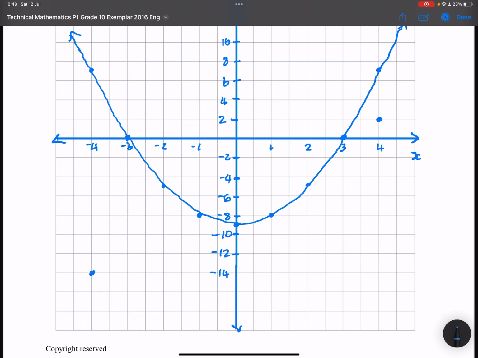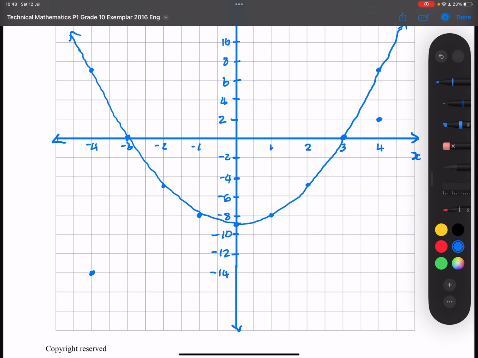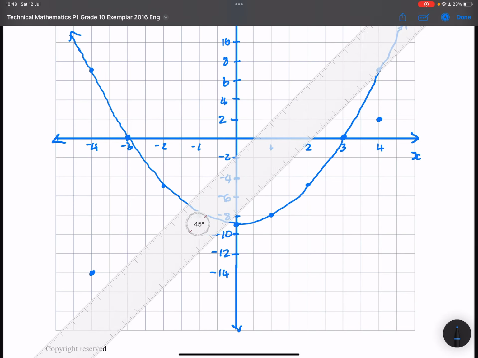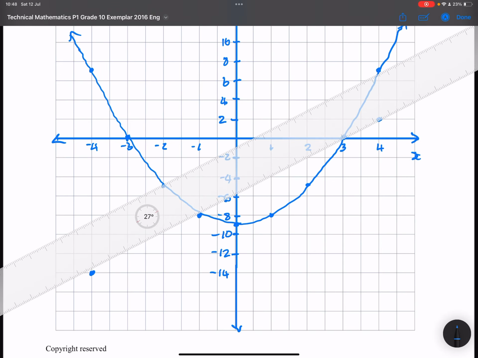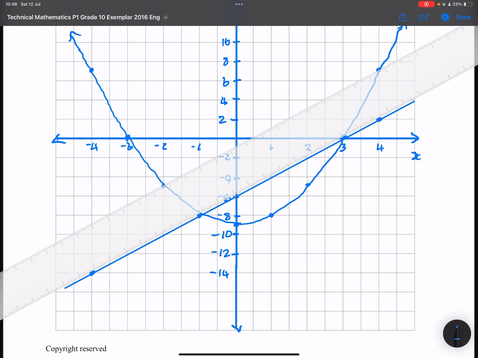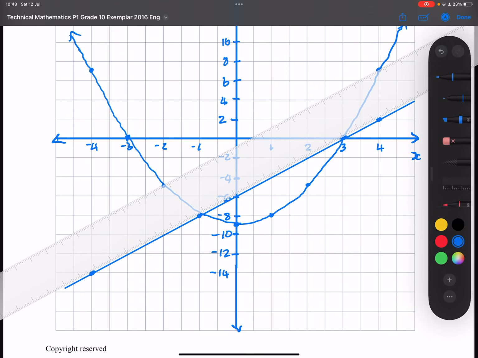We've tried to draw this as accurately as we possibly can. So what I'm going to do is simply take my ruler and connect those 2 points. There we go. There's our g of x graph.